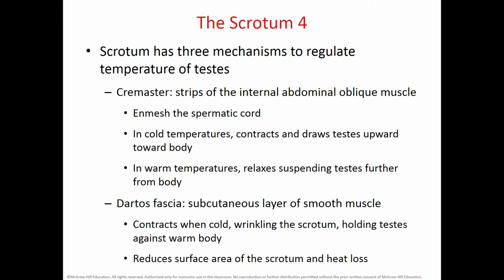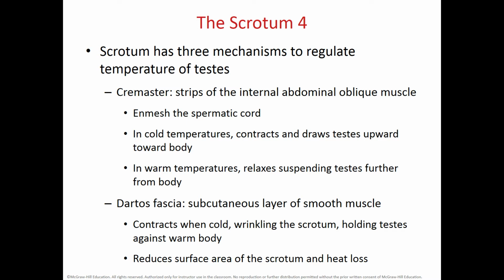Along with this, there is a smooth muscle layer located within the skin of the scrotum that is called the dartos muscle or dartos fascia. This will contract when it's cold, making the scrotum look wrinkled.